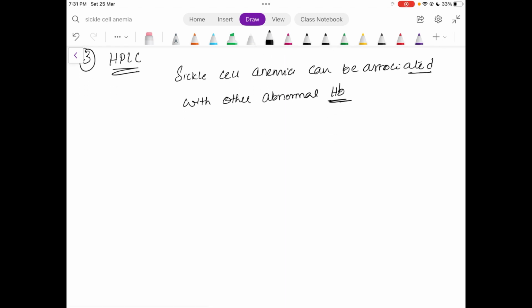That means sickle cell anemia can be associated with thalassemia.